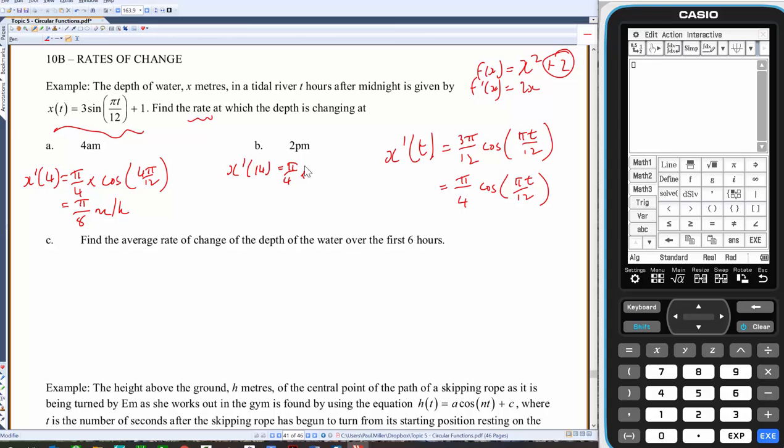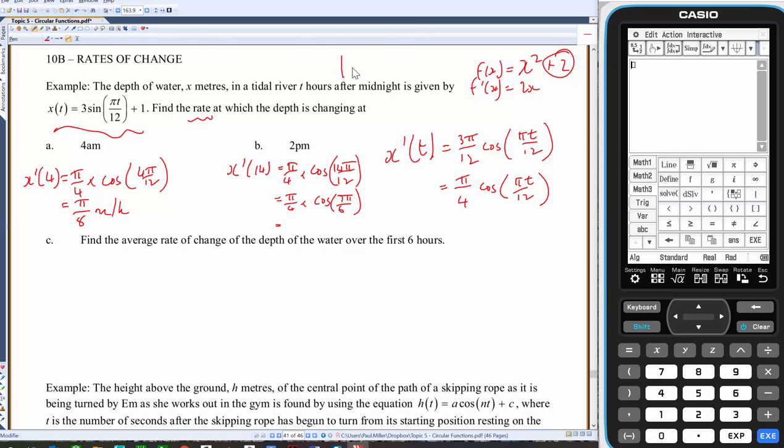Pi on 4 times cosine. What are we doing here? 14 pi on 12, which is pi on 4 multiplied by cosine of 7 pi on 6. All right.